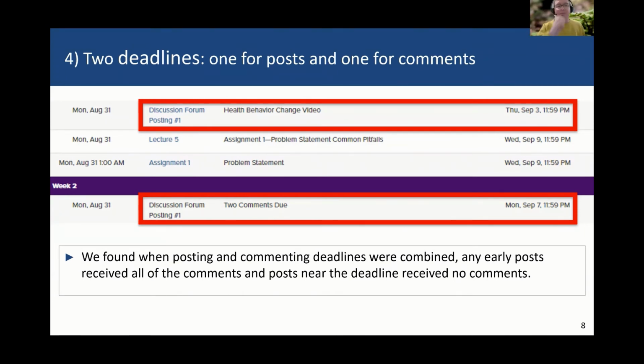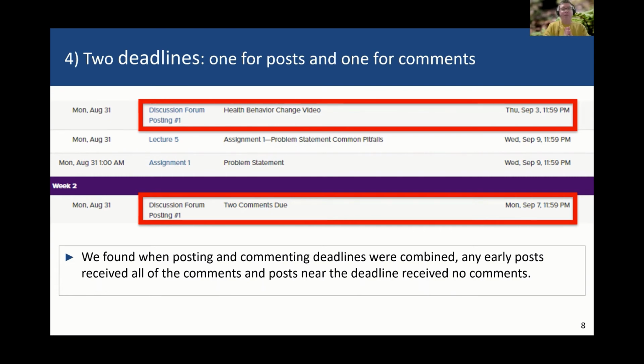In another attempt to get better participation, we've instituted a double deadline. We often ask students to make a post into the discussion forum, but we also set a minimum number of comments we ask them to make on their classmates' posts.